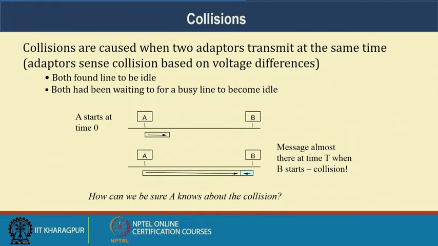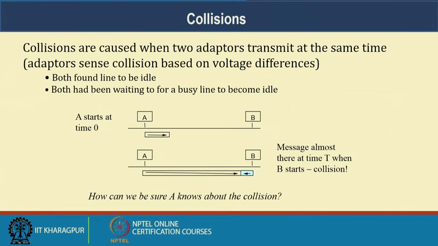So, the major challenge when we have a shared media is collision, right. That is why we have the carrier sense multiple access with collision detection scheme for wired media.